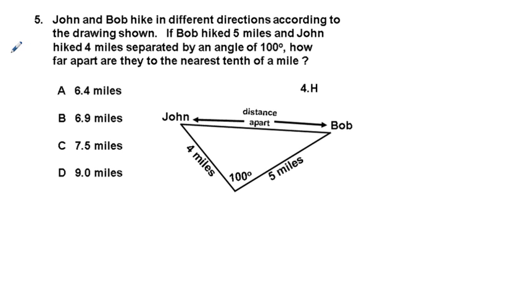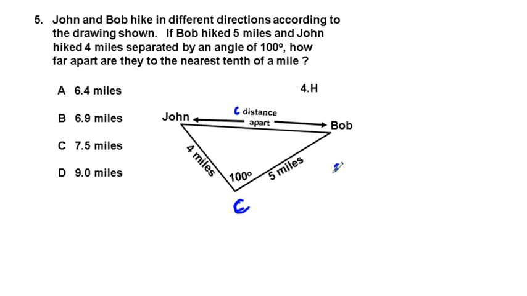Okay, 5. John and Bob hike in different directions according to the drawing shown. Bob hiked 5 miles and John hiked 4 miles, separated by an angle of 100 degrees. How far apart are they to the nearest tenth of a mile? It's going to be law of cosines. We call the angle down here C, and the side up here, the distance apart, little c.